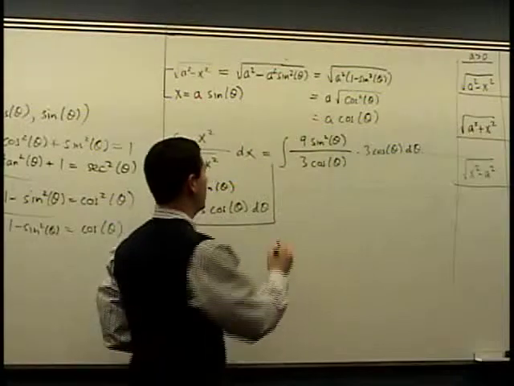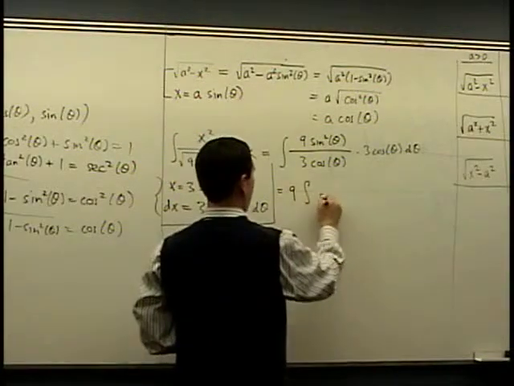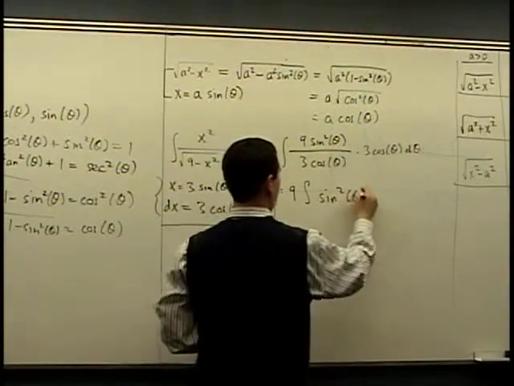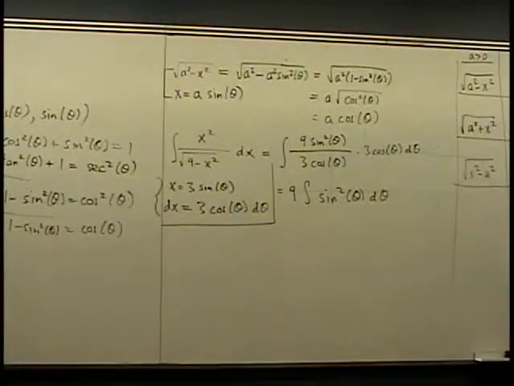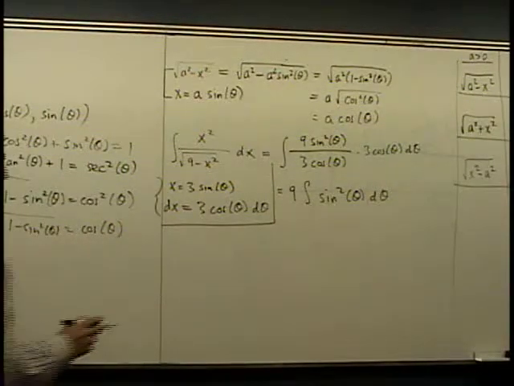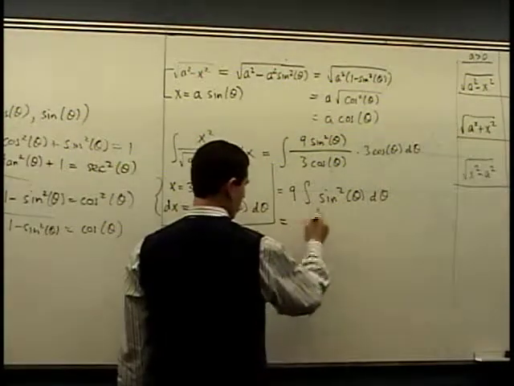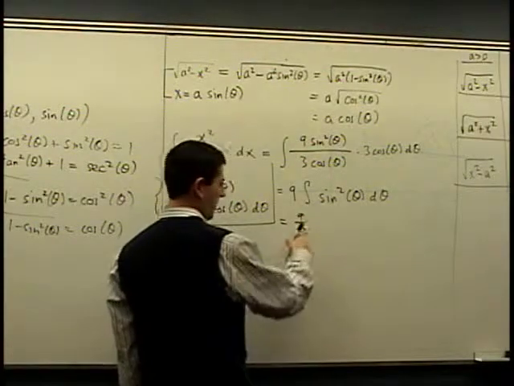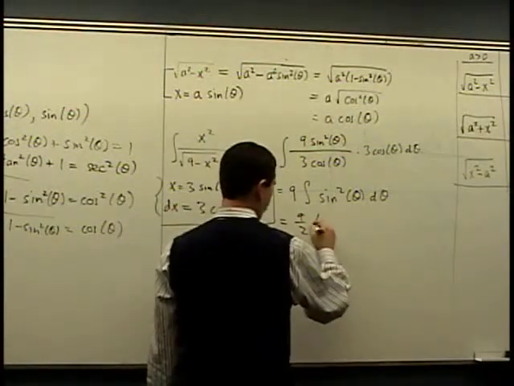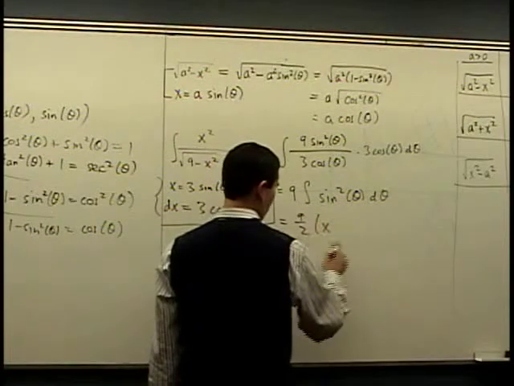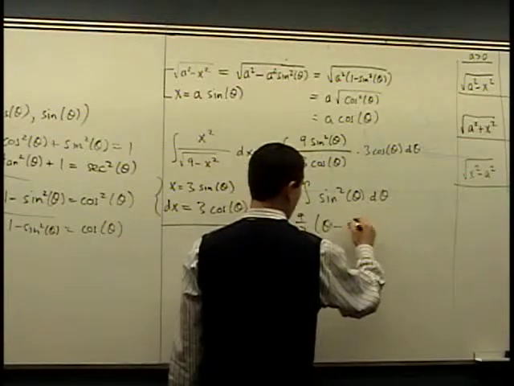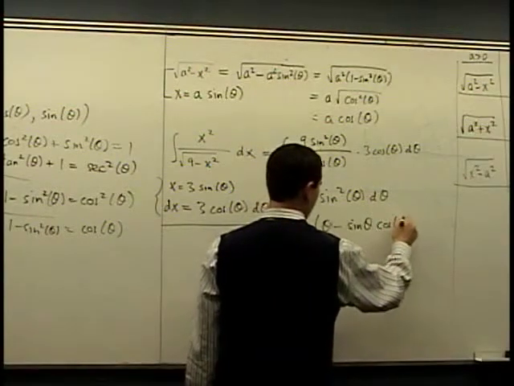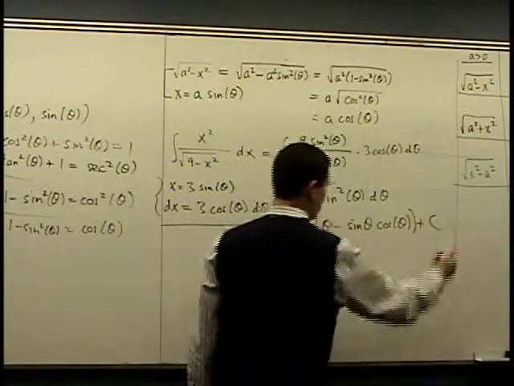You can pull that 9 out. And I've reduced it to an integral that we already know how to solve, namely sine squared. And if I remember this correctly, okay, there's going to be a half, and then x, or theta, here, theta minus sine theta cosine theta plus a constant.